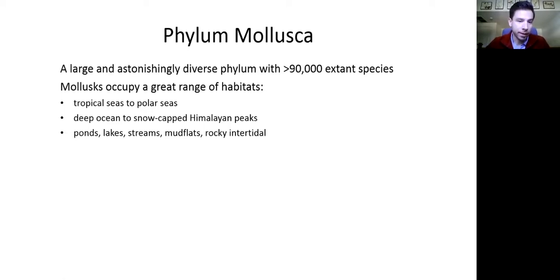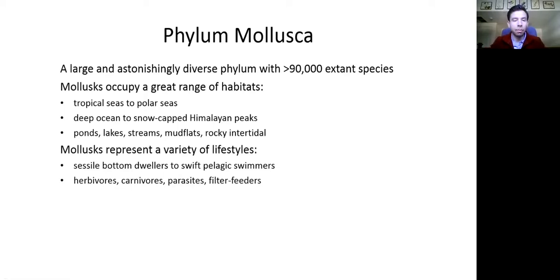They live in tropical seas to polar seas. They live all the way from deep in the ocean to the tops of the snow-capped Himalayan peaks. They occupy ponds and lakes and streams and mudflats and the rocky intertidals.